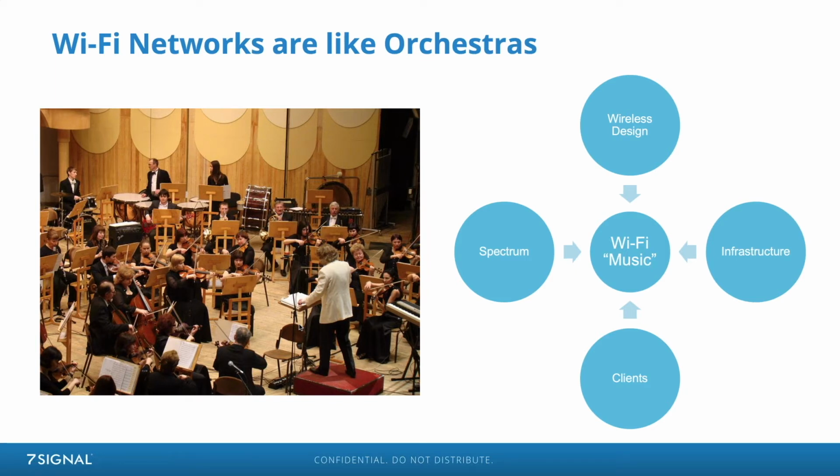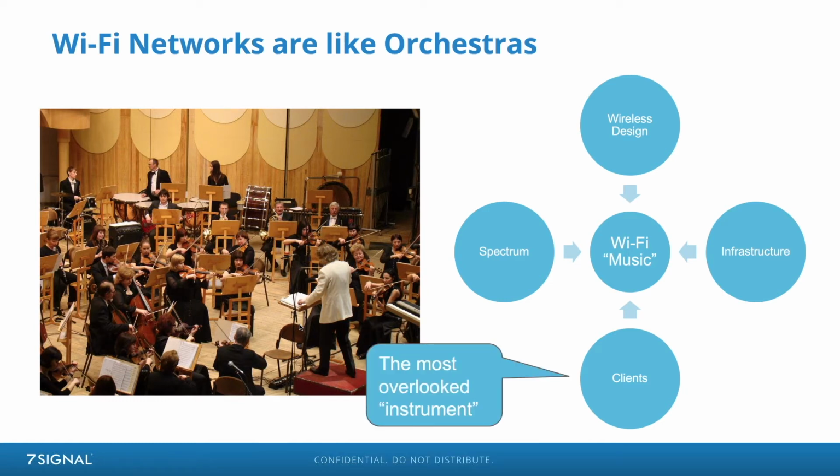You have to have the infrastructure, good APs, the right antennas, the back-end network services that support Wi-Fi. All that has to be addressed. The spectrum has to be addressed. We're using unlicensed spectrum, so we need to make sure it's clean and use channels that are unoccupied and free of noise.